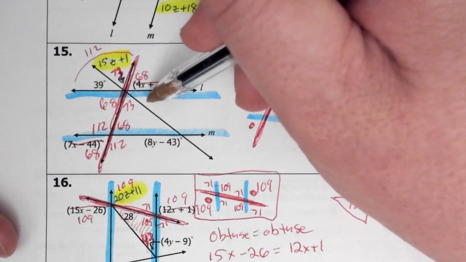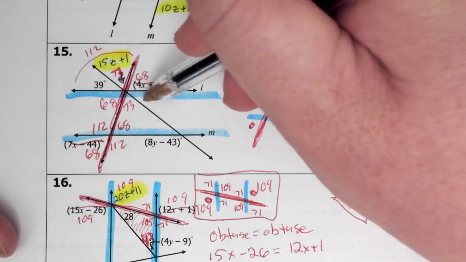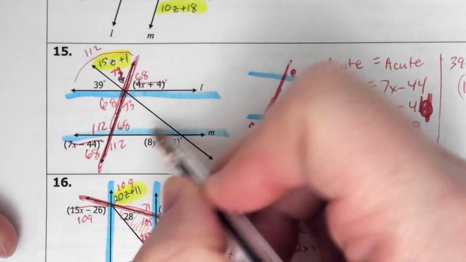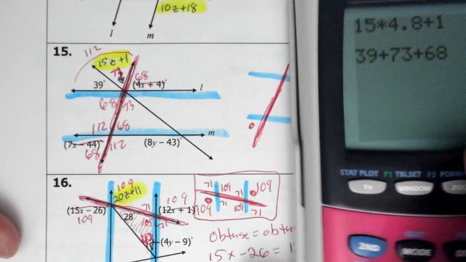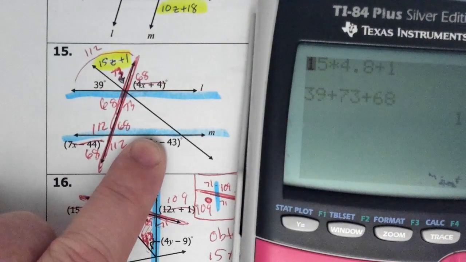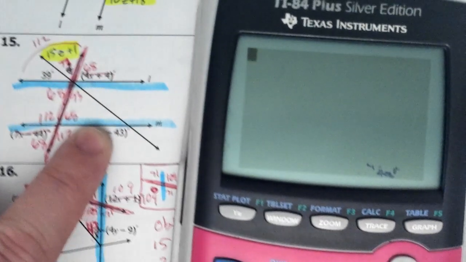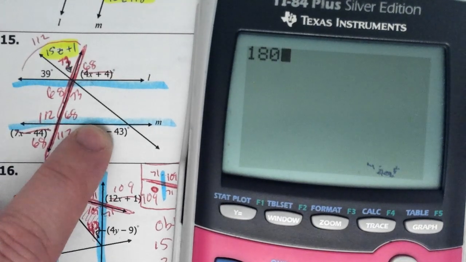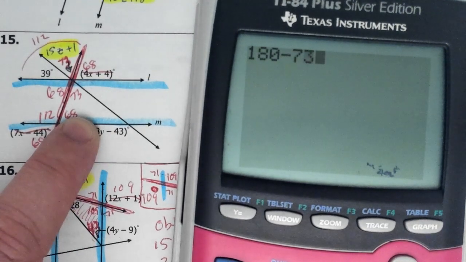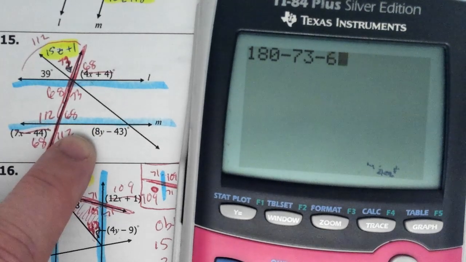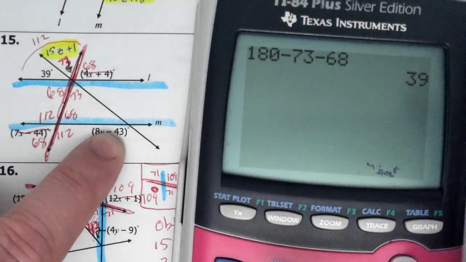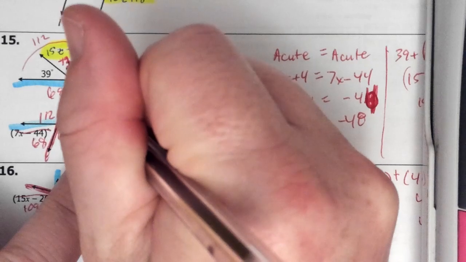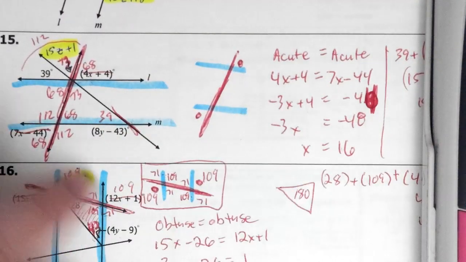We find this corner right here, and we can find this other thing. But I think 180 degrees would be the easiest thing. All right, so we know that a triangle, so 180, subtract 73, subtract 68, this corner right here is 39. So this is 39, and now I know that these two right here make 180 degrees.